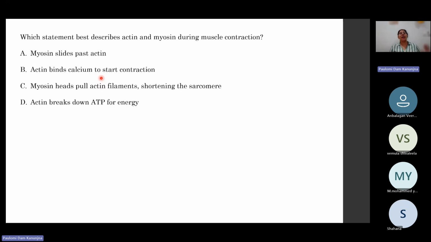Okay, next one. Which statement best describes actin and myosin during muscle contraction? Myosin slides past actin. Actin binds calcium to start contraction. Myosin heads pull the actin filament, shortening the sarcomere. Or actin breaks down ATP for energy. So what is exactly driving the contraction?